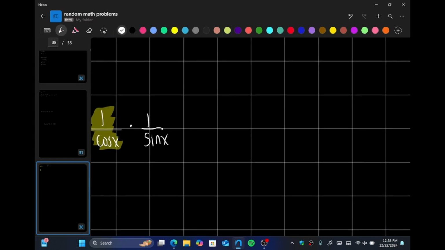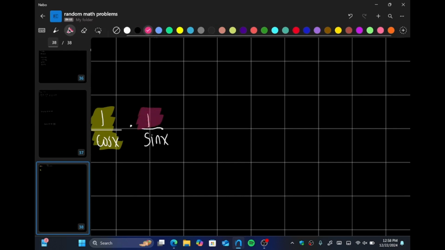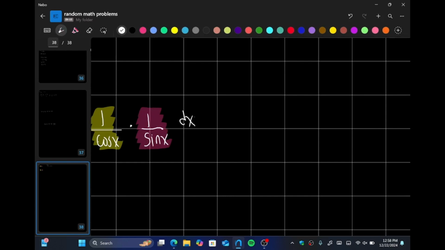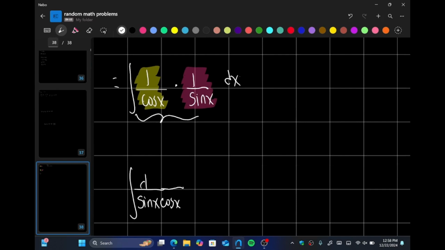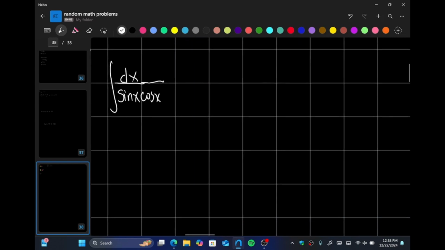So we have to understand trig identities. And then dx over here. Now let's put this into one fraction: the integral of 1 over sine x cosine x. And then since the dx is being multiplied on top, we're just going to put dx right here.